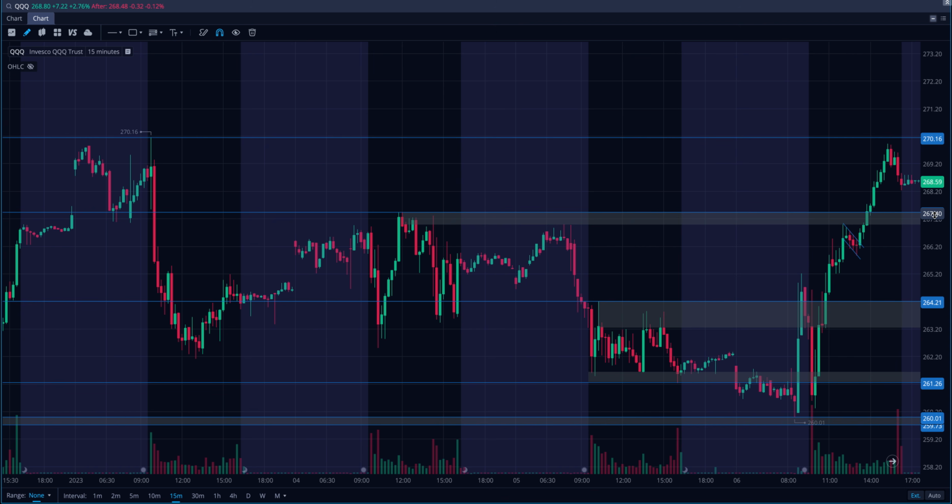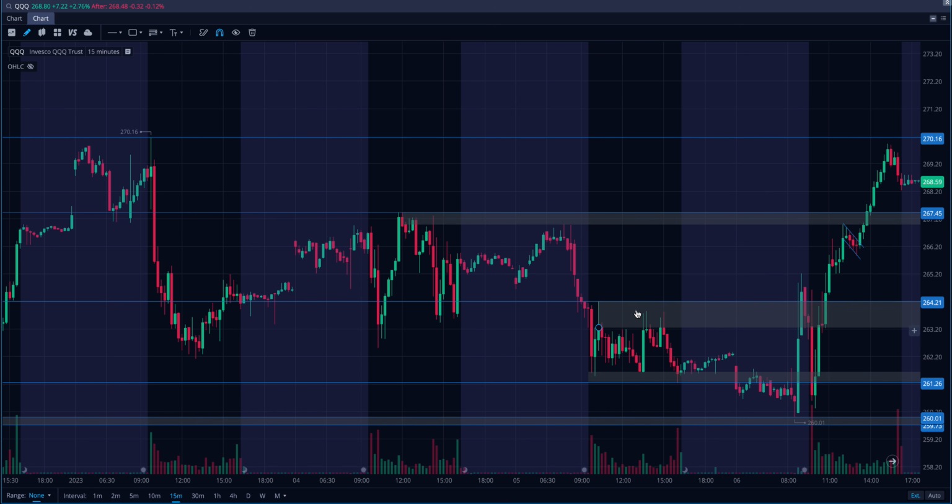As soon as we got above 267.45, we didn't see one red 15-minute candle all the way up to 270. That was because this sell-off right here cleared this area out. So we sold off, we created resistance here, and then we stayed below it. That is why I had this 270 level marked as my resistance and this 267.45. Those are my two resistance areas.